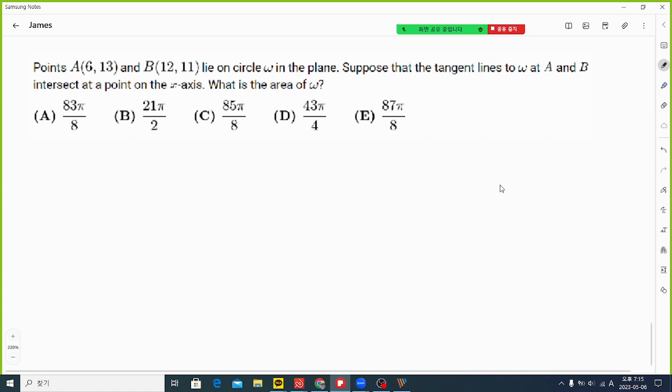So to find the intersection point, it's on the x-axis. We can find the perpendicular bisector between A and B. So the midpoint between A and B is 9 and 12.